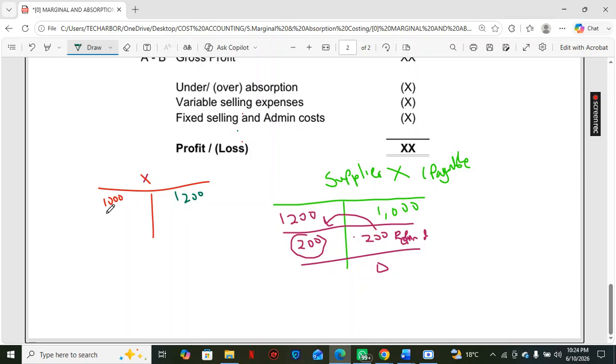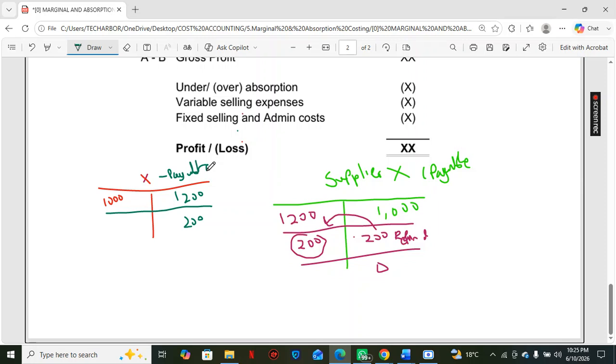Right. So since they've overpaid you, it means you are owing them an extra 200, because you're supposed to be paid 1,000, but he's paid you 1,200, meaning he's overpaid you. Meaning you are now owing the customer. From a receivable, he's become now a payable. Okay, because he overpaid.